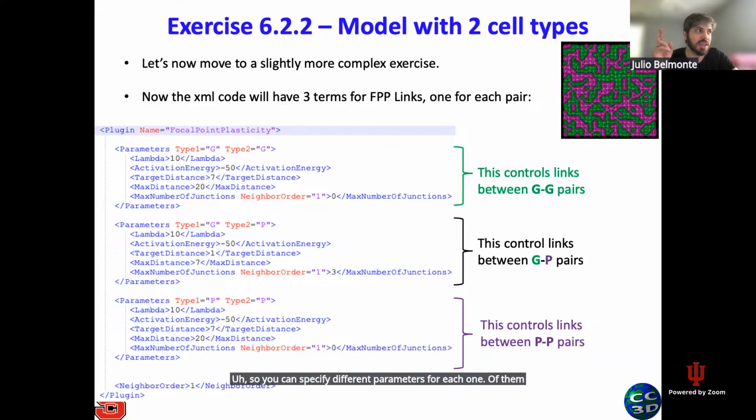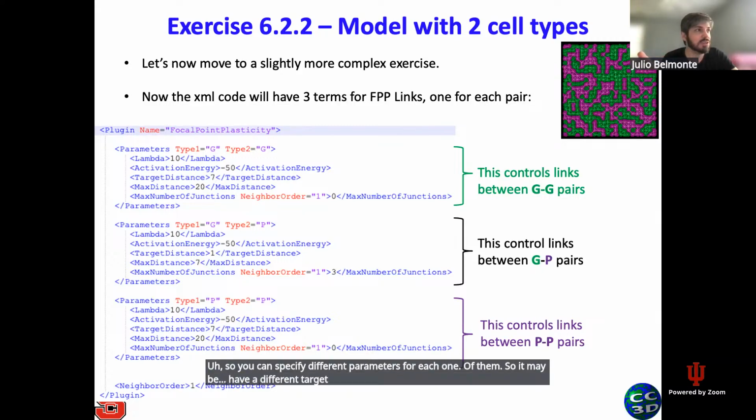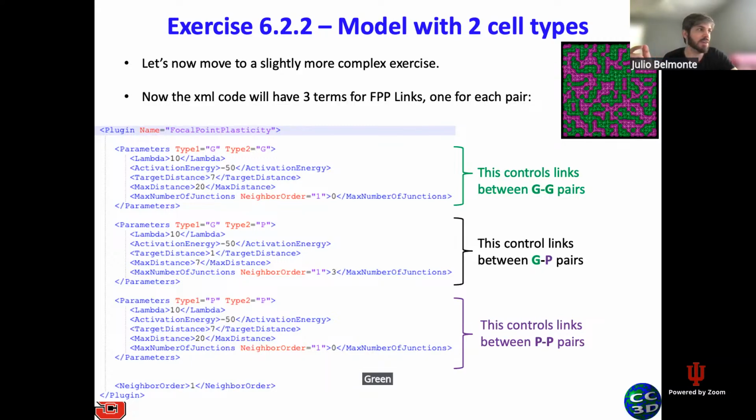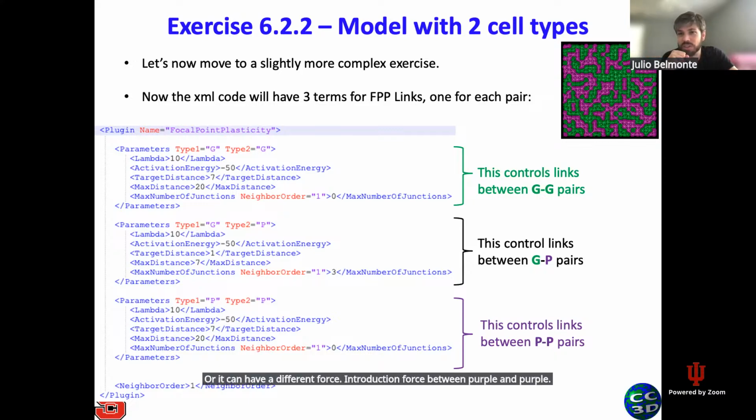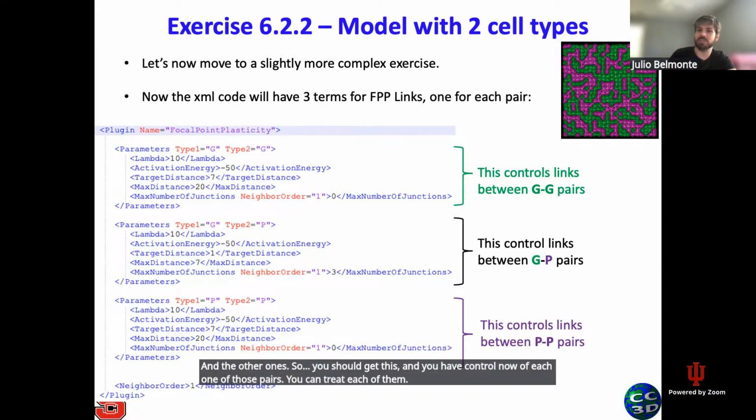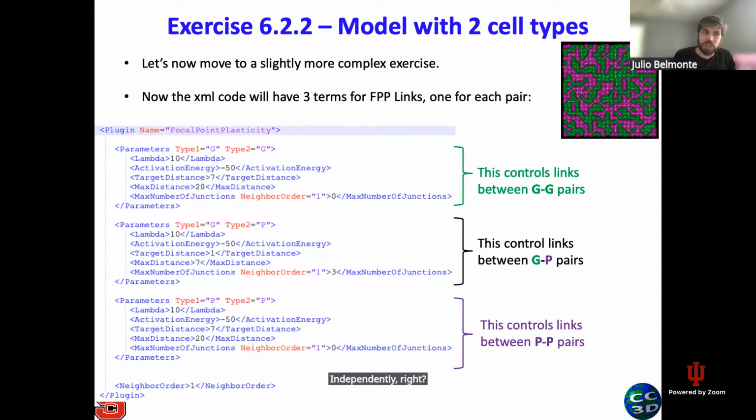So it may have a different target distance between green and green. You may have a different maximum distance for the green and purple, or you can have a different interaction force between purple and purple than the other ones. So you should get this, and you now have control of each one of those pairs. You can treat each of them independently. You cannot treat different cell pairs of the same types differently using the XML.